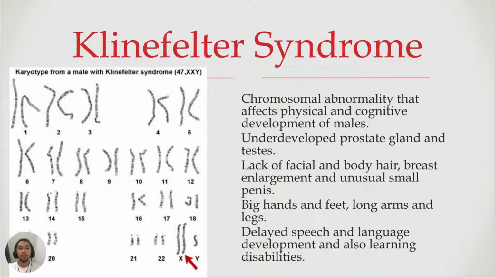If we look at the characteristics, it is a chromosomal abnormality that affects the physical and cognitive development of males: underdeveloped prostate gland and testes. He is male but somewhat feminine, something like that. Larger breasts, lack of facial hair and body hair, breast enlargement, what they call gynecomastia, and an unusually small penis.